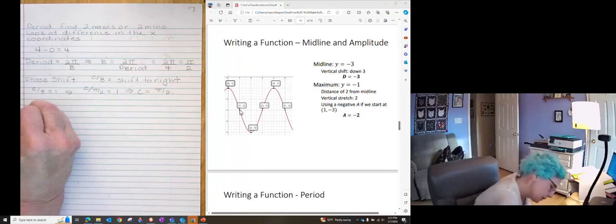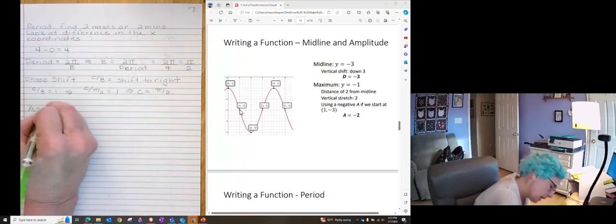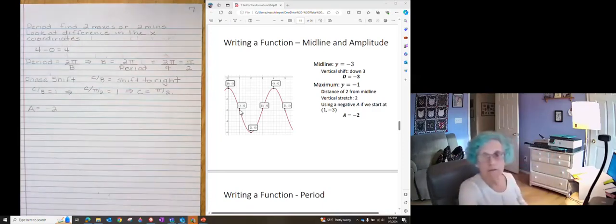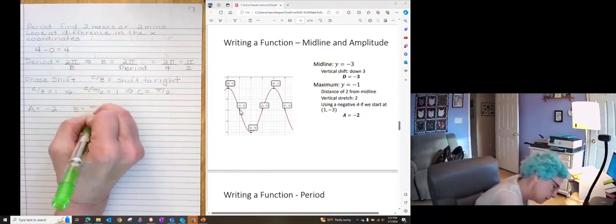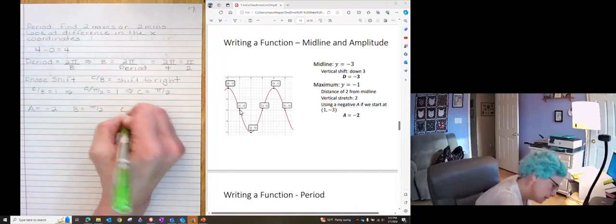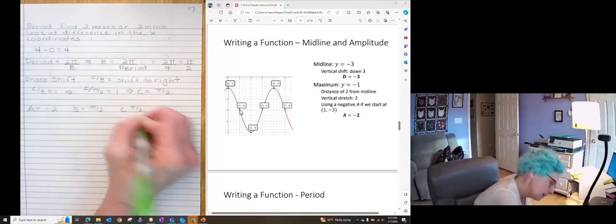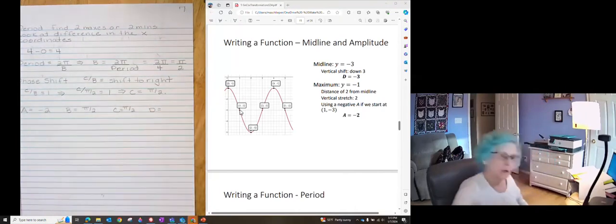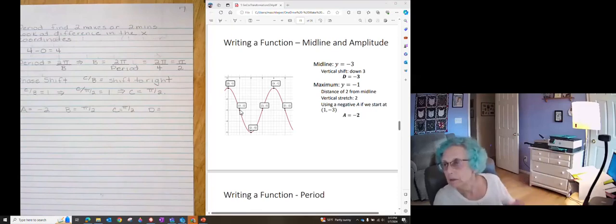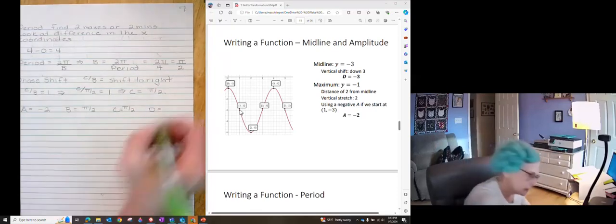So I'm just going to summarize. A, negative 2. Negative because we start decreasing. B, pi halves. C, pi halves. D was our midline, negative 3.